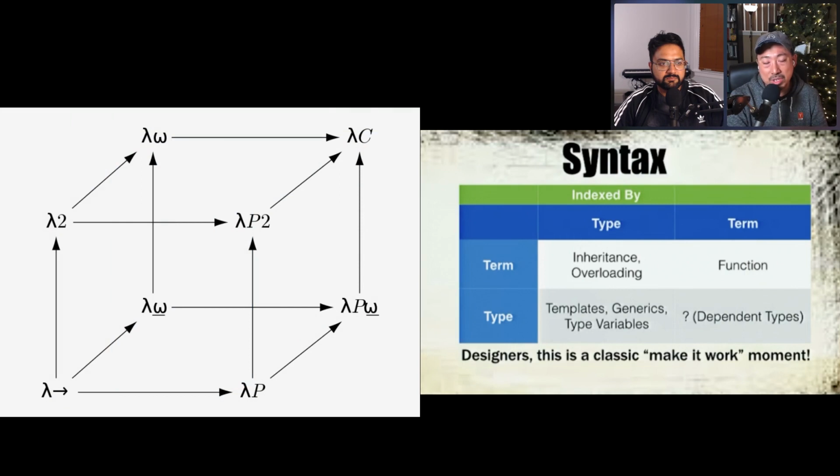And so the Lambda Cube is a way to categorize and organize kind of the progression of weak type systems like the simply typed Lambda calculus all the way up to what is called the calculus of constructions. Very fancy, up in the upper right-hand part of the cube.